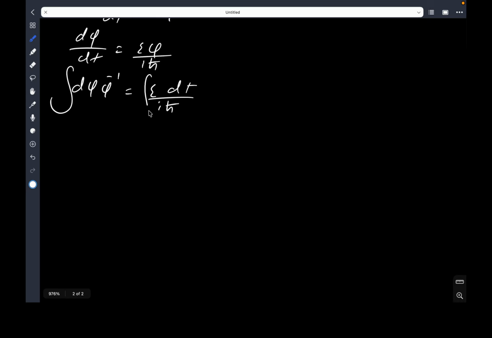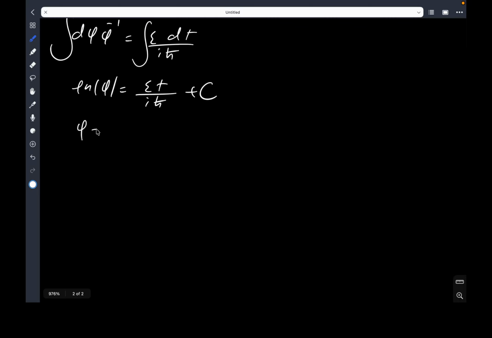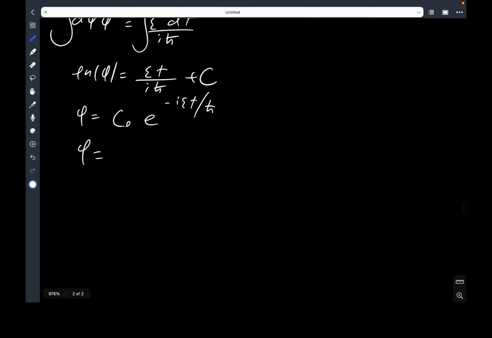And if I integrate this, I'm going to get ln of phi equal to Et over i h bar plus C, some constant of integration. If I exponentiate it, I'm going to get phi equal to some constant times e to the power of Et over i h bar. And if I move the i to the numerator, I get negative i Et over h bar. And this constant of integration can be absorbed into the spatial normalization. Thus I can say that phi is equal to e to the negative i Et over h bar.